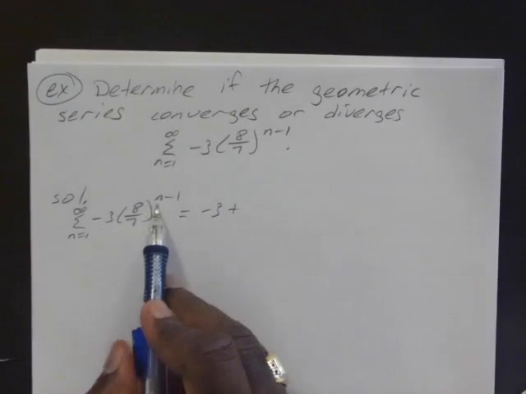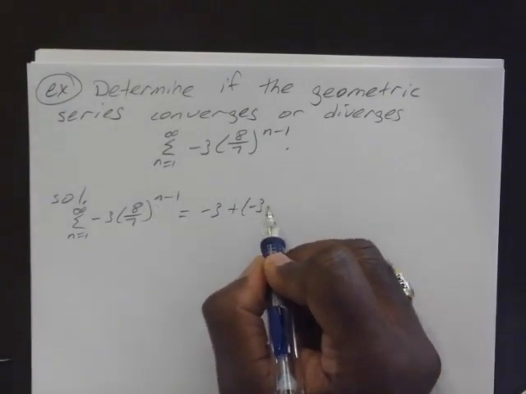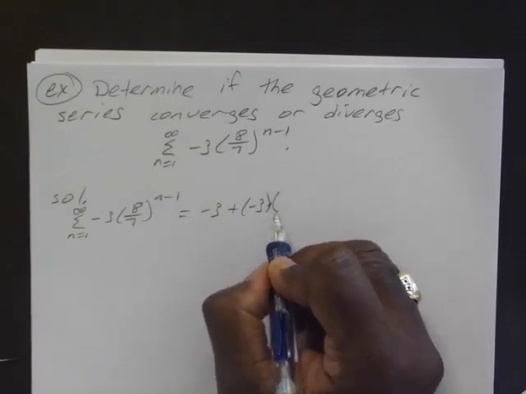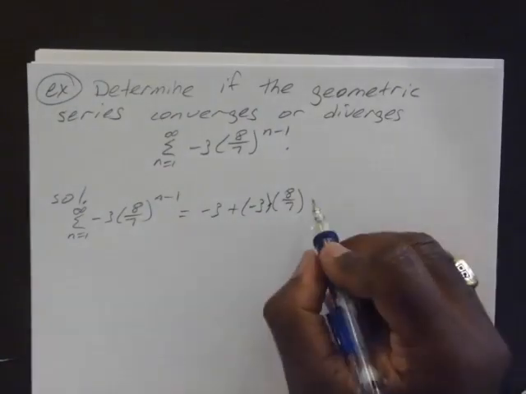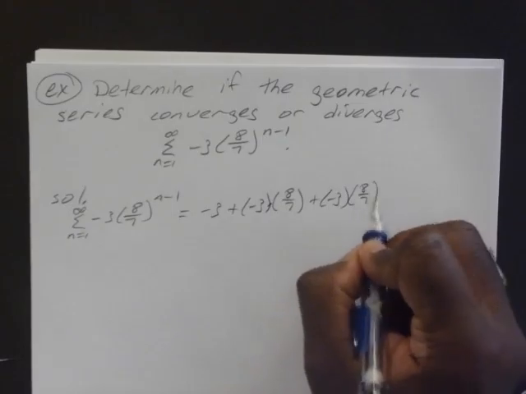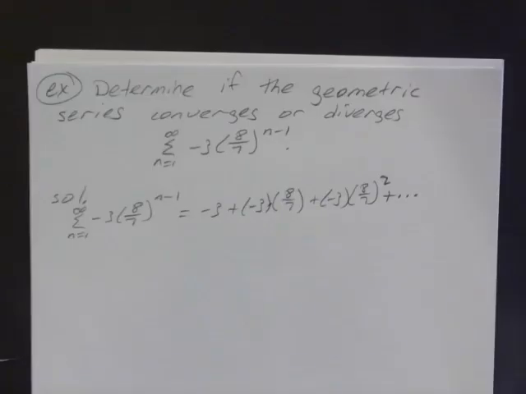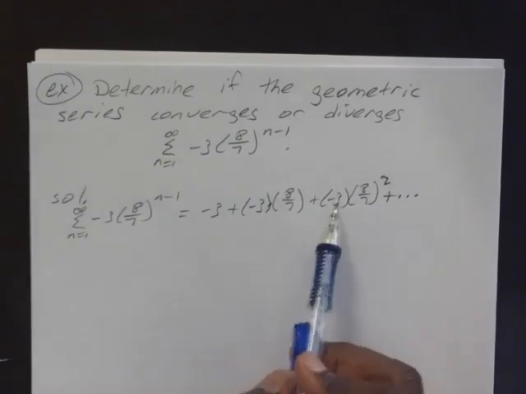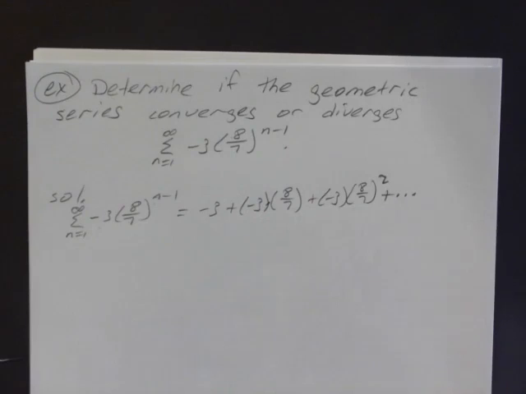Plus, plug in n equals 2, you get -3 times 8/7 to the first power, plus -3 times 8/7 to the second power, and it keeps on going. So we can see here that this is a geometric series, since they already told us. This is just showing you the form, how it would look.